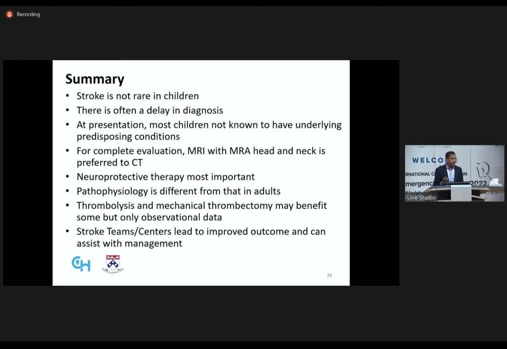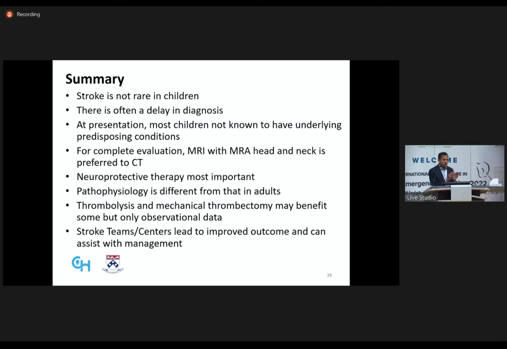So to summarize, remember, stroke is uncommon, but it's not extremely rare. Most of us will see a few patients with stroke in our careers. There is often a delay in diagnosis, so a high index of suspicion is important. At presentation, the majority of children will not have a known predisposing condition, so even in a previously well child, we need to be alert to the possibility of a stroke.